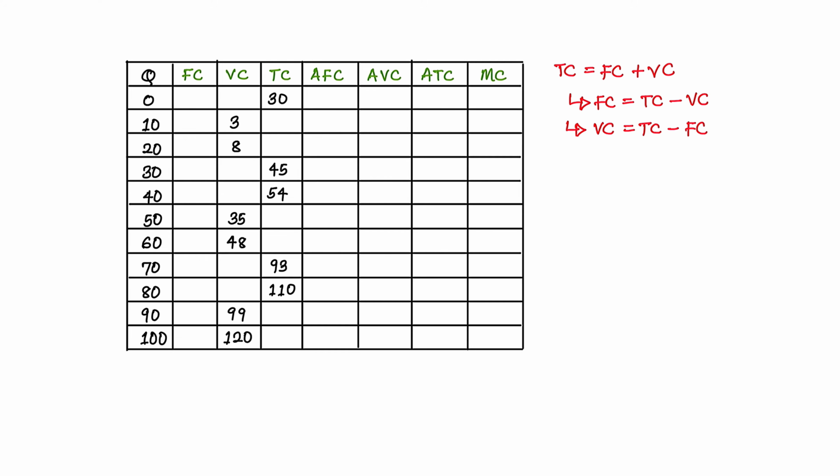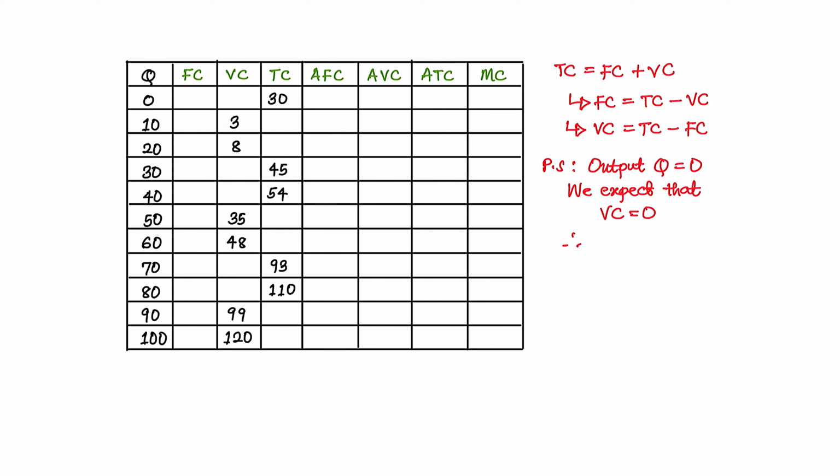So if we have our fixed cost value and our variable cost value, we can find the total cost. If we have our total cost value and variable cost value, we can find our fixed cost value. One more important thing to note here is that it is a rule of thumb that when our output Q equals 0, we expect that variable cost has to be equal to 0 also.